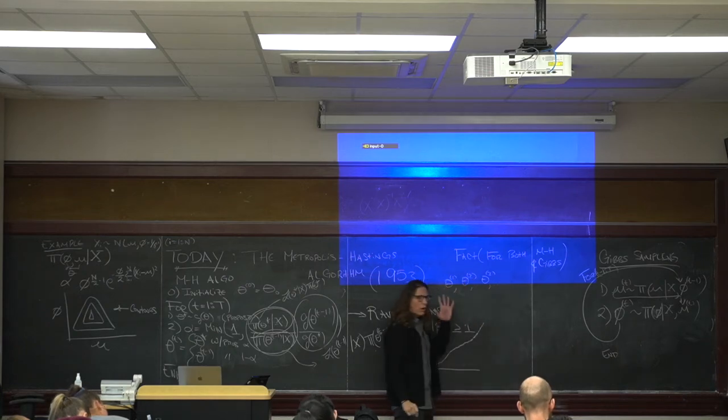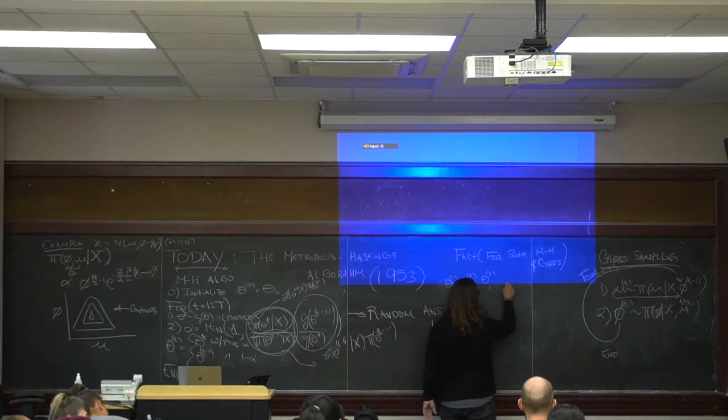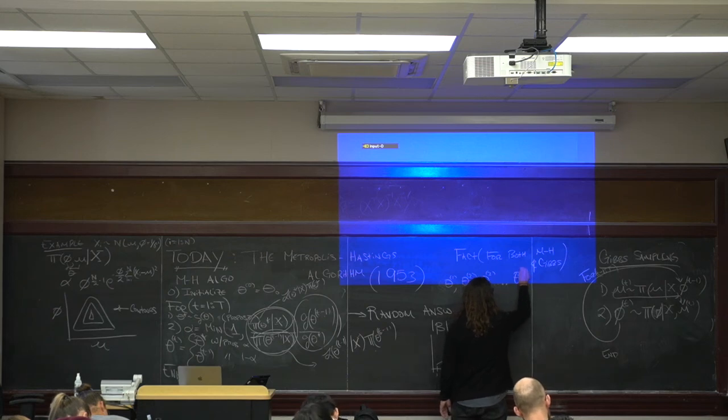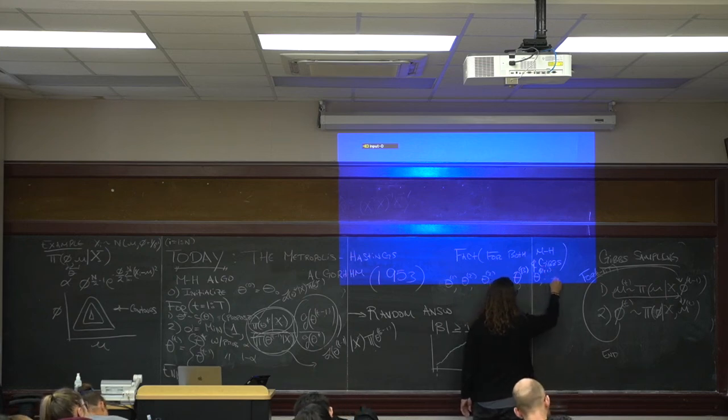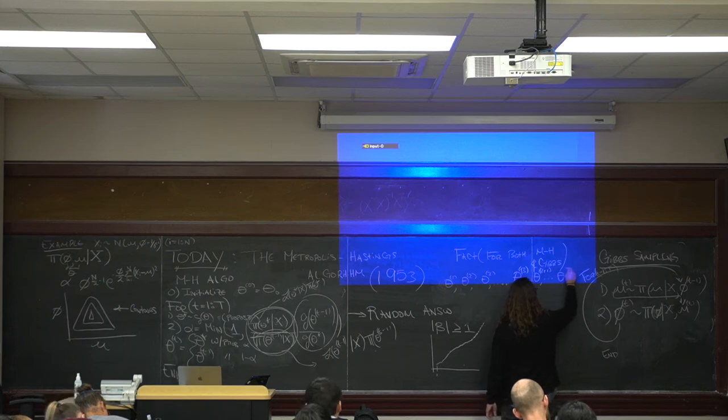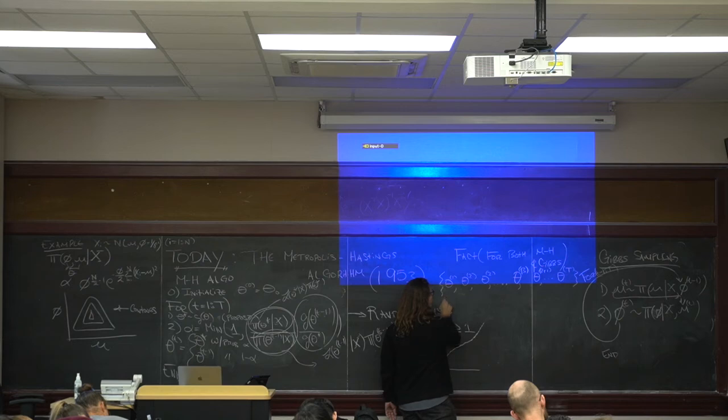There's going to be some long period of time, and I'm going to call this theta_B, theta_{B+1}, and I'll do this all the way to theta_T, the end of our for loop. So I'll collect these samples.